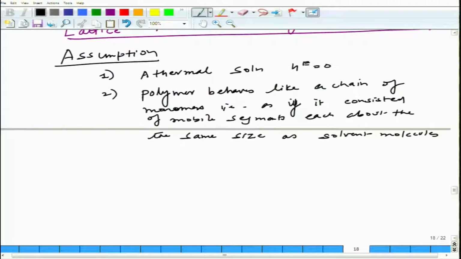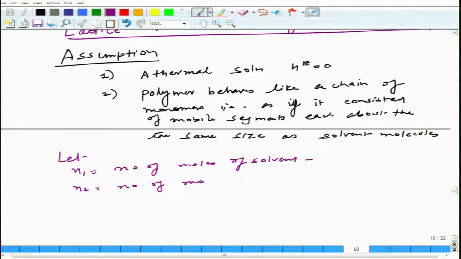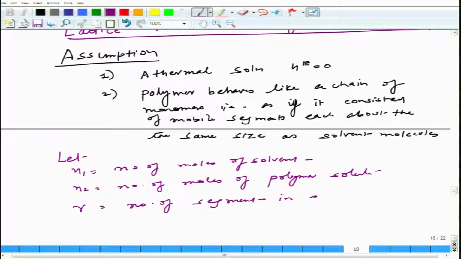Okay, so let us consider N1 as the number of moles of solvent, N2 the number of moles of polymer solute, and let us say r is the number of segments in a polymer molecule.